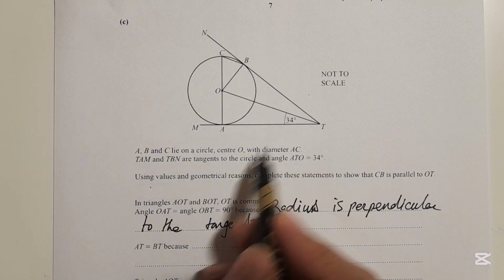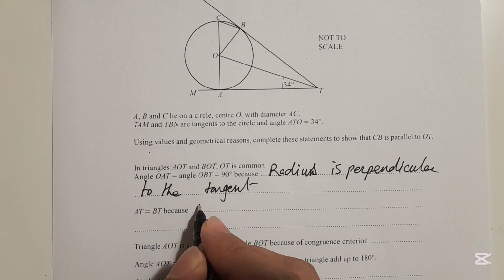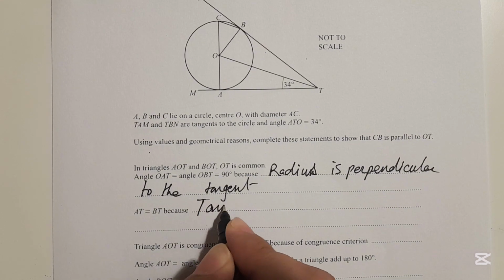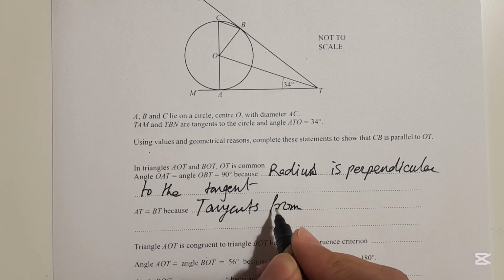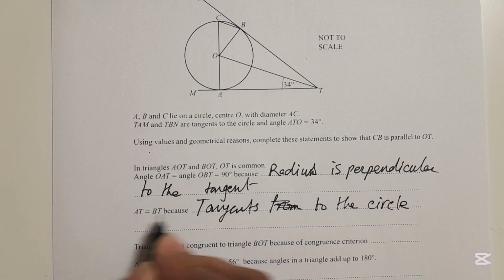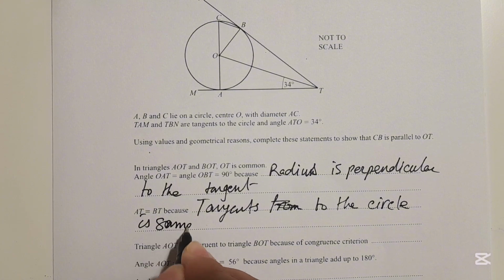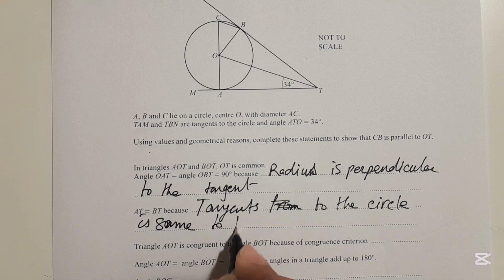AT is equal to BT because tangents to the circle from a point are the same.